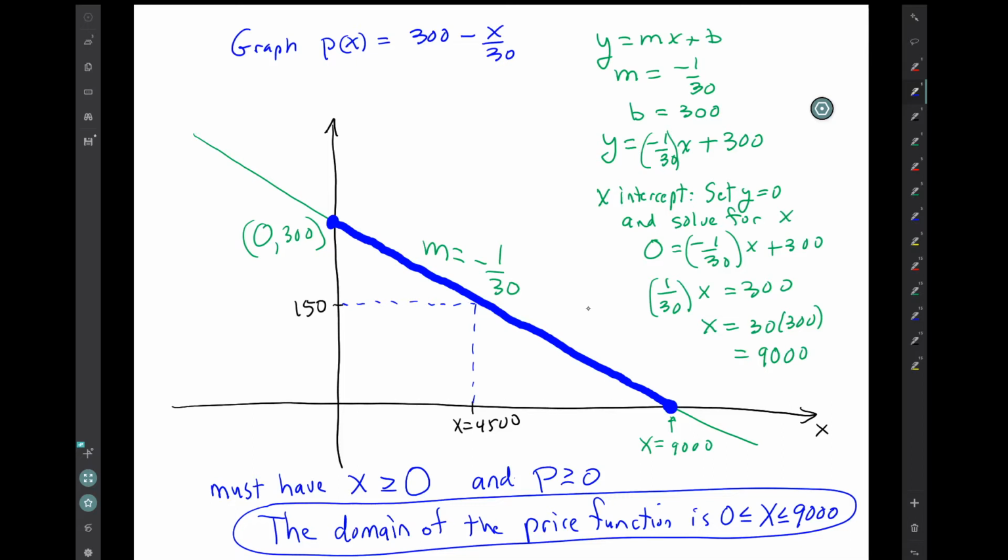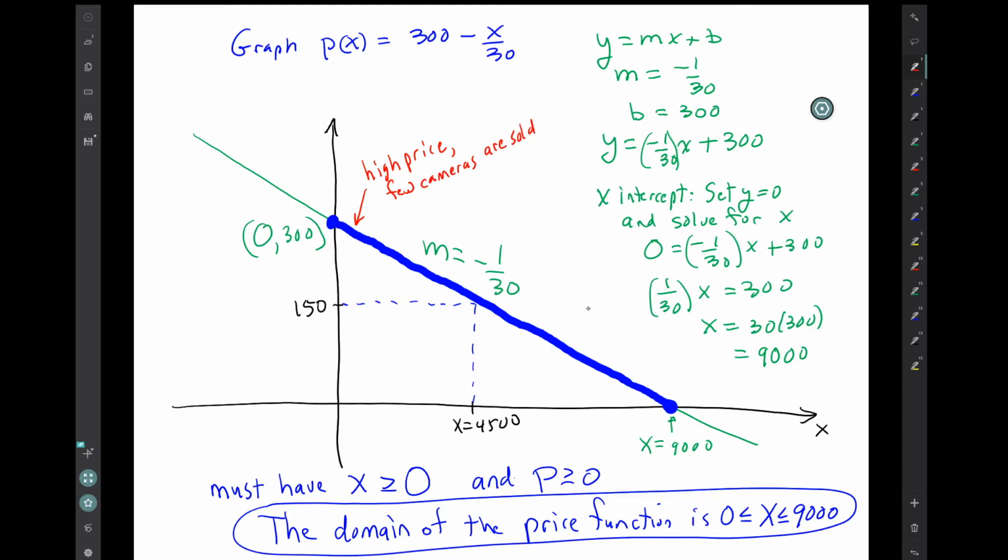Now look at this function. What is it telling us? It tells us that if the price is higher, for instance here, price is high, the value of little p is high, and the value of little x is low. So in other words, when the price is high, not many cameras will be sold.